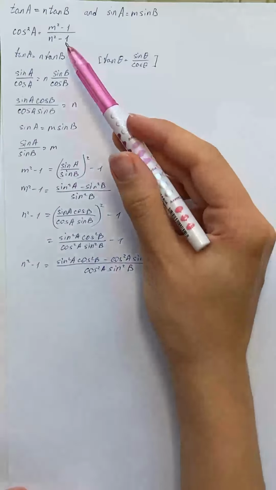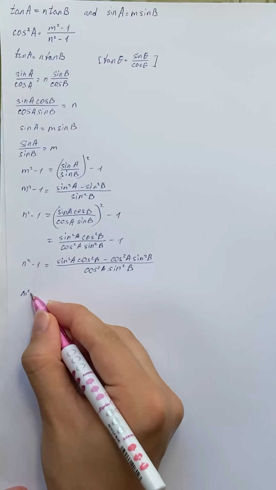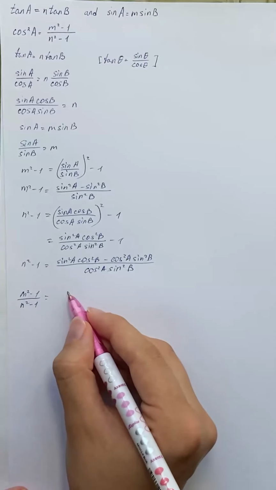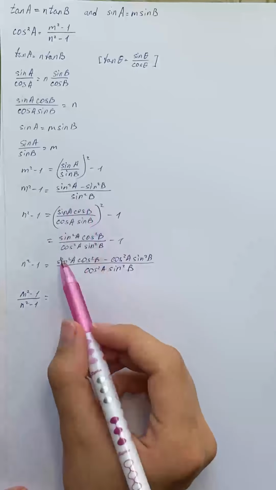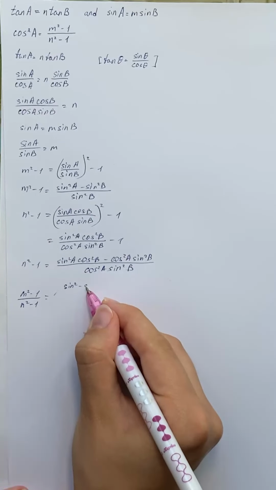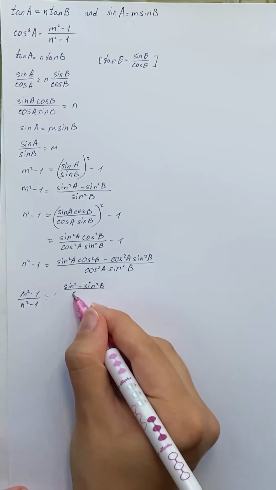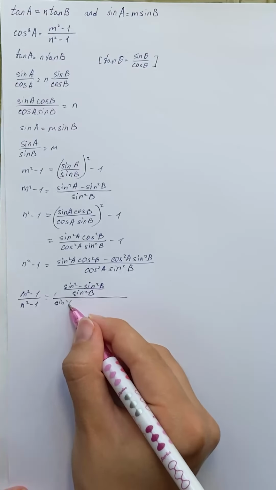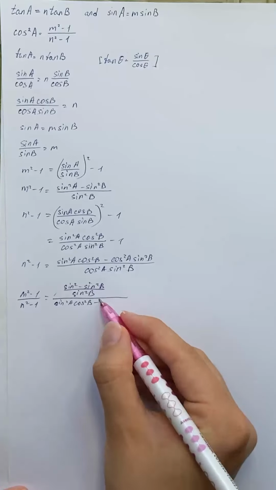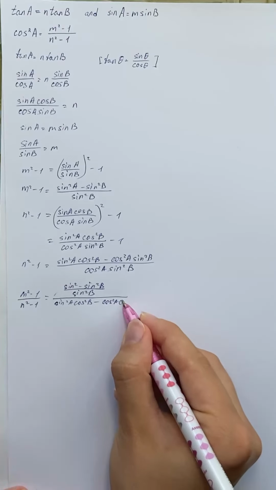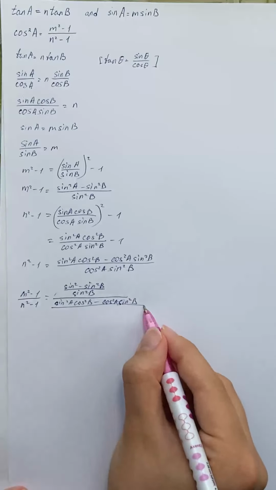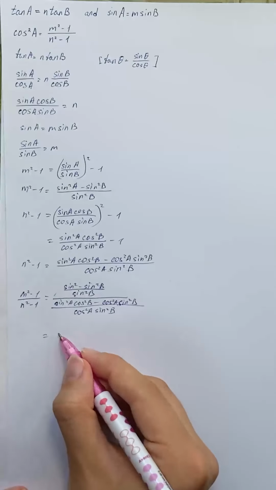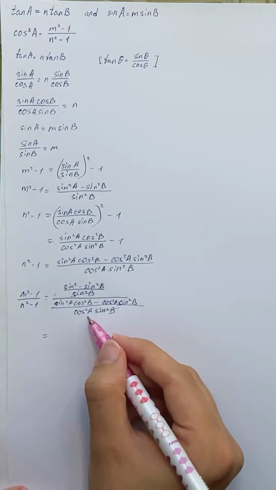So now we're going to manipulate the right hand side. That's m squared minus 1 over n squared minus 1, and we put in the numerator sine squared of A minus sine squared of B over sine squared of B, and in the denominator we have sine squared of A times cosine squared of B minus cosine squared of A times sine squared of B over cosine squared of A times sine squared of B. So we can cancel sine squared of B and put cosine squared of A in the numerator.